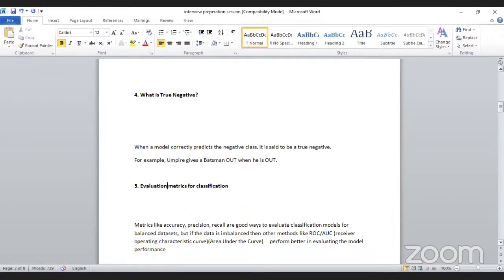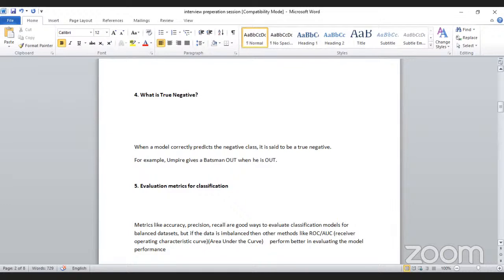So we have metrics like accuracy, precision, recall, which are good ways to evaluate classification models for balanced data sets.